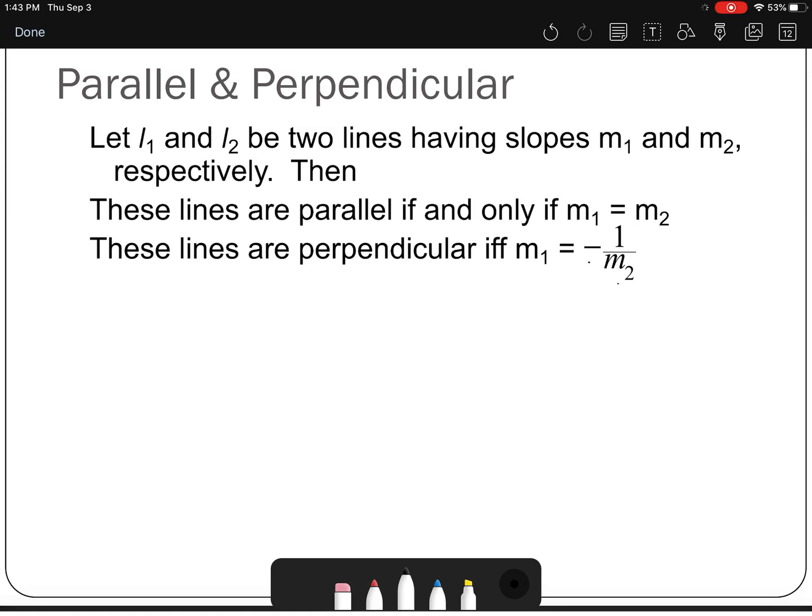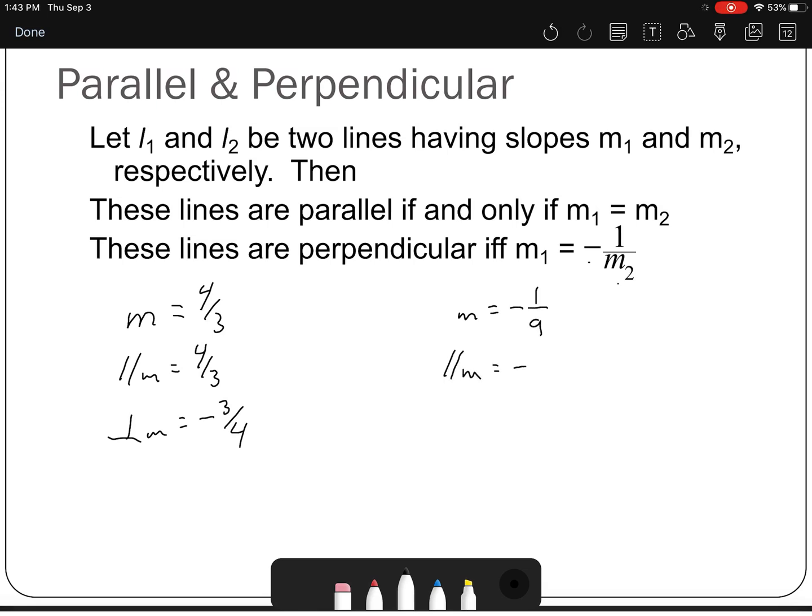They're perpendicular if they have what we call opposite reciprocal slopes. So if I gave you a slope of 4/3, the parallel slope would be 4/3. The perpendicular slope would be negative 3/4. So it's just the opposite.